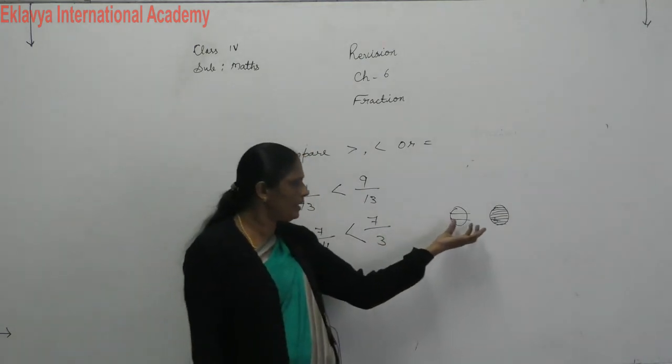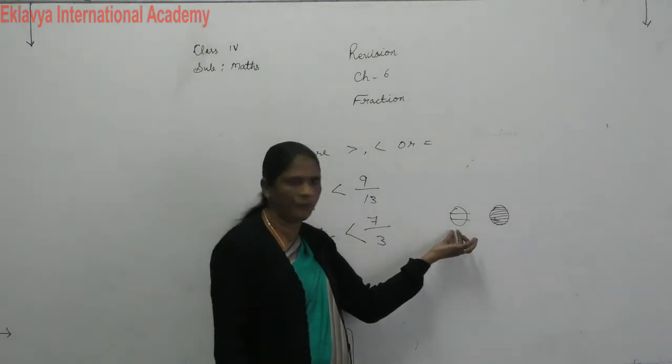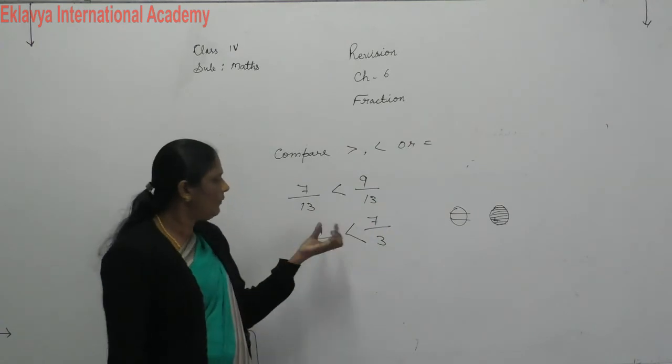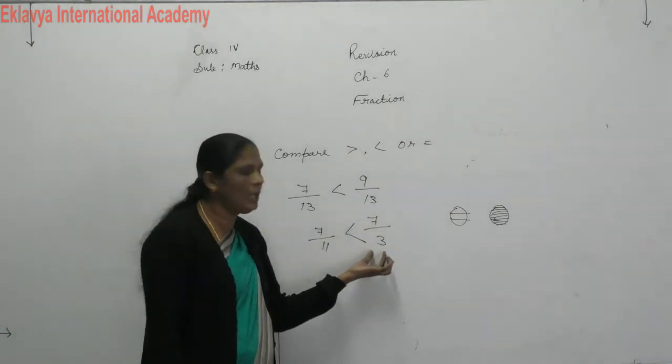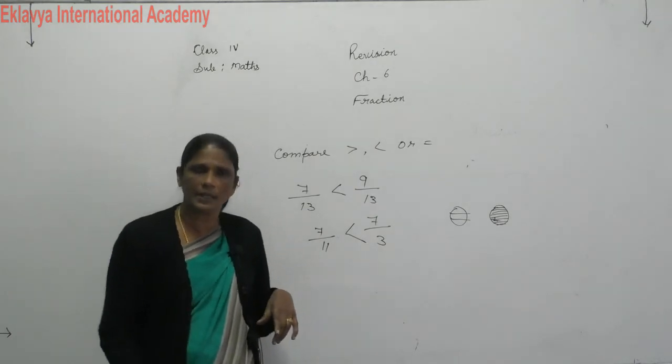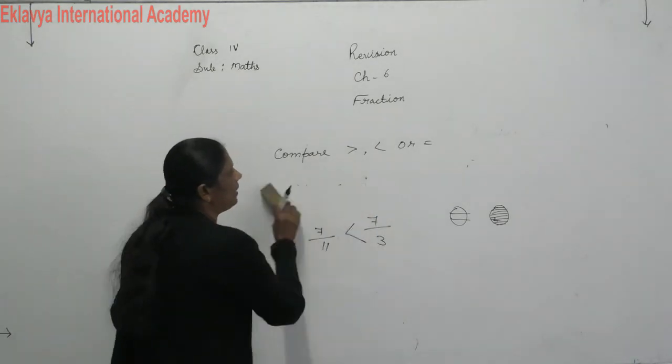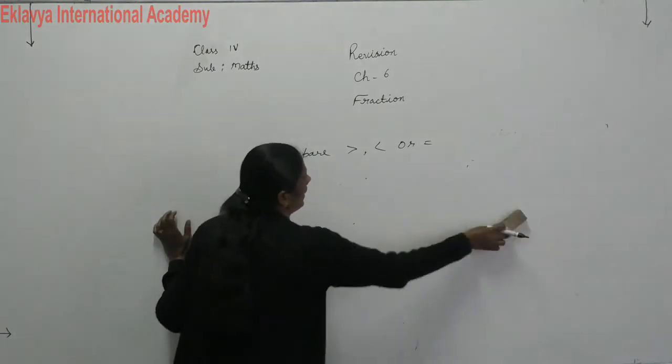Which toffee gives you a greater part? This toffee. Therefore, when the numerators are same, the smaller the denominator, the greater the fraction. This is comparing fractions.